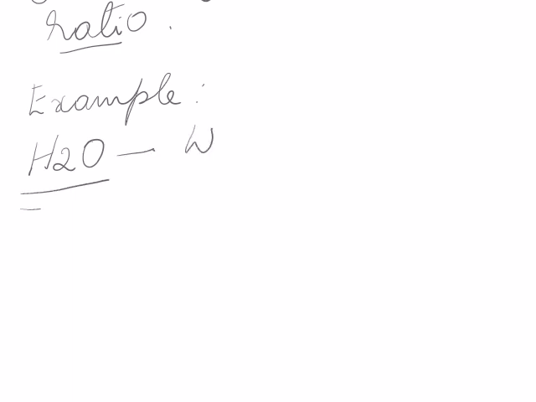So that is the ratio in which they always combine. So, for example, water, H2O. H2O stands for, this is the chemical formula. This is not a symbol, this is a chemical formula.